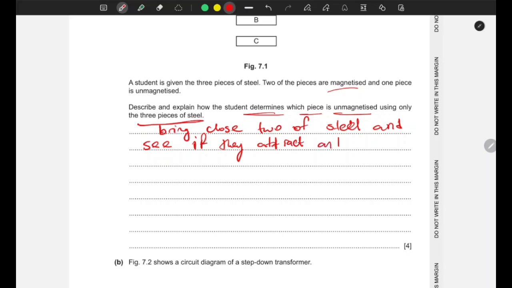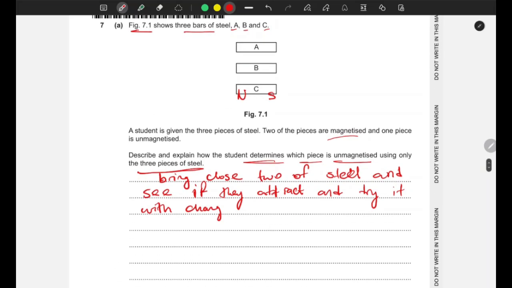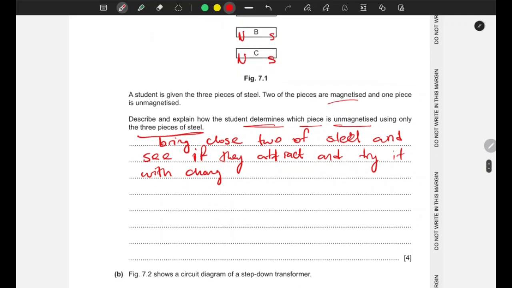And after that, we flip it and try it with different ends of the magnet, with changing the ends, or we can flip the steels, because a magnet has a north pole and a south pole, and if B is the other magnetized one, it also has a north pole and a south pole. So if the north pole comes to the north pole, they would repel. So if they repel, both are magnets.